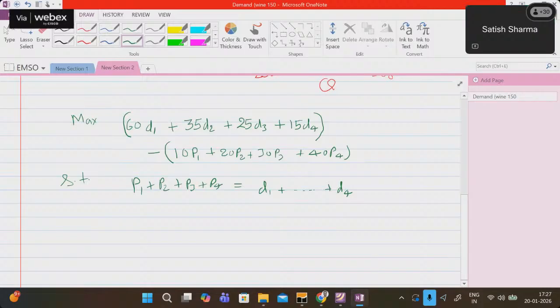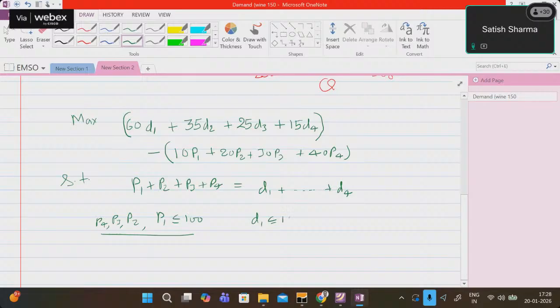Now, if I look at the limits, the P1 generator gave that it can only produce up to 100 megawatt. And same goes with the other generators as well. So P2, P3 and P4 all basically have the same limit.